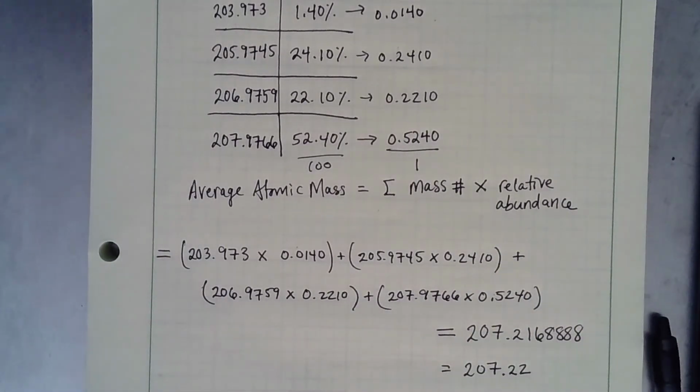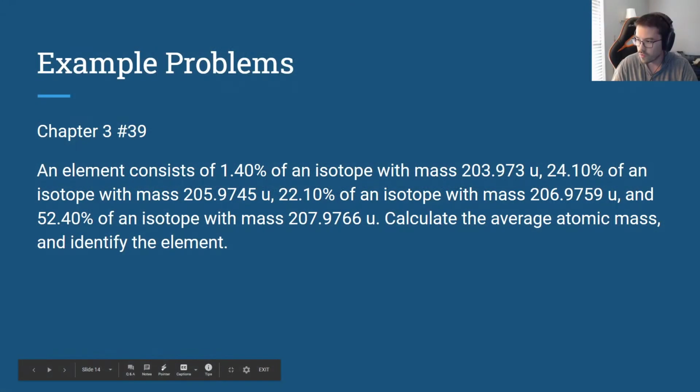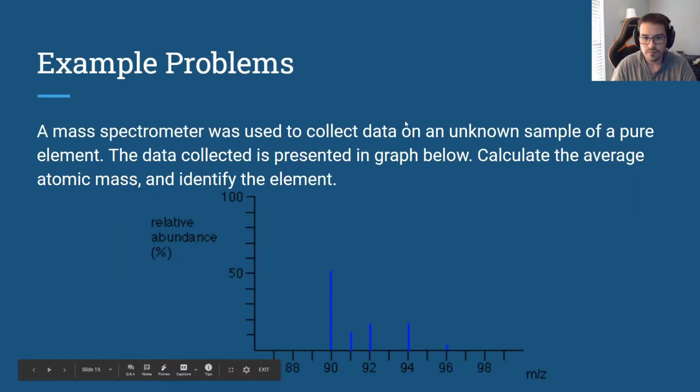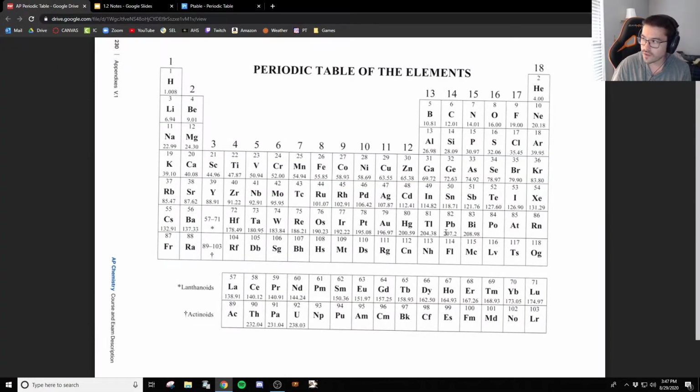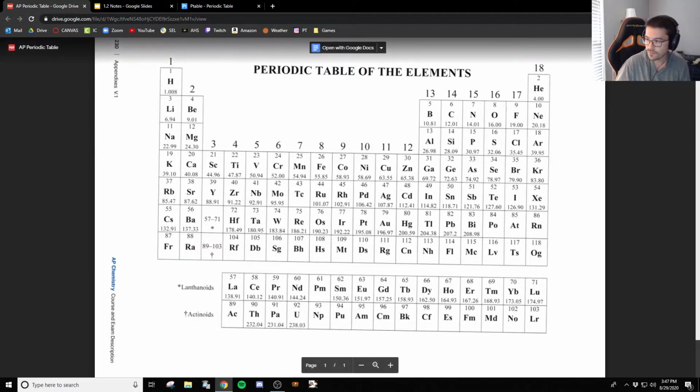If we go and consult the periodic table one more time, 207.2, that looks a whole lot like lead. Okay, so we have identified the element as well.